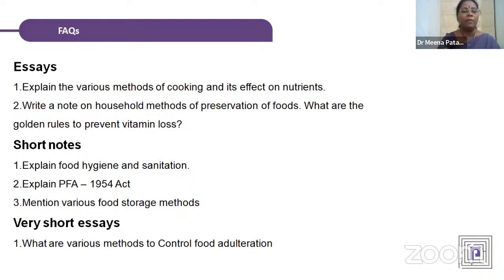So that is very important, FSSAI. Then the third short note is to mention various food storage methods, and a very short essay is: what are the various methods to control food adulteration?